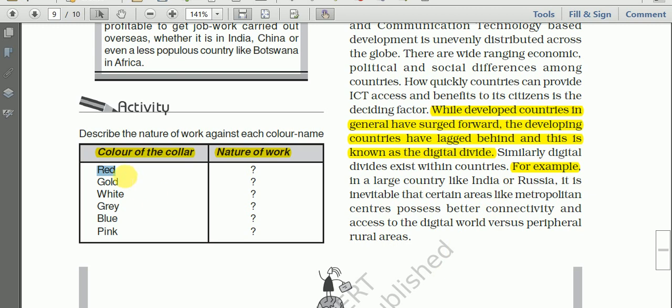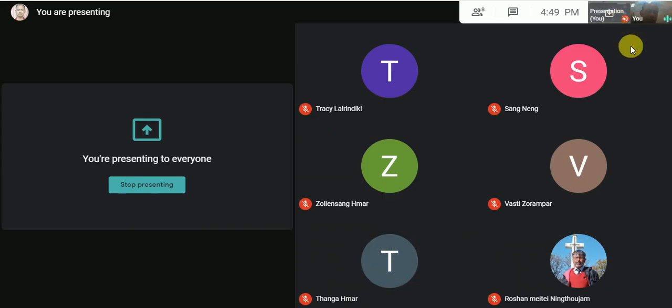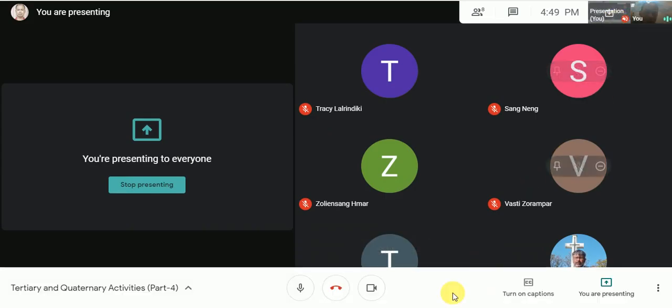Red collar refers to primary activities. Then gold collar workers, as you have just learned, refer to people engaged in quaternary activities.